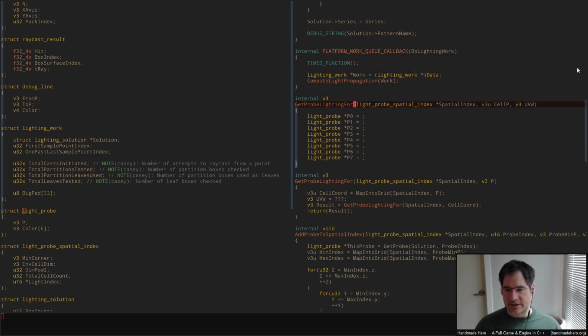So when we do get probe lighting 4 here, this is what we're going to want. When we want to get our lighting probes out, not particularly hard to do. I think we just say get probe by, or get probe from cell or something like that. And we just say like cell P, right?